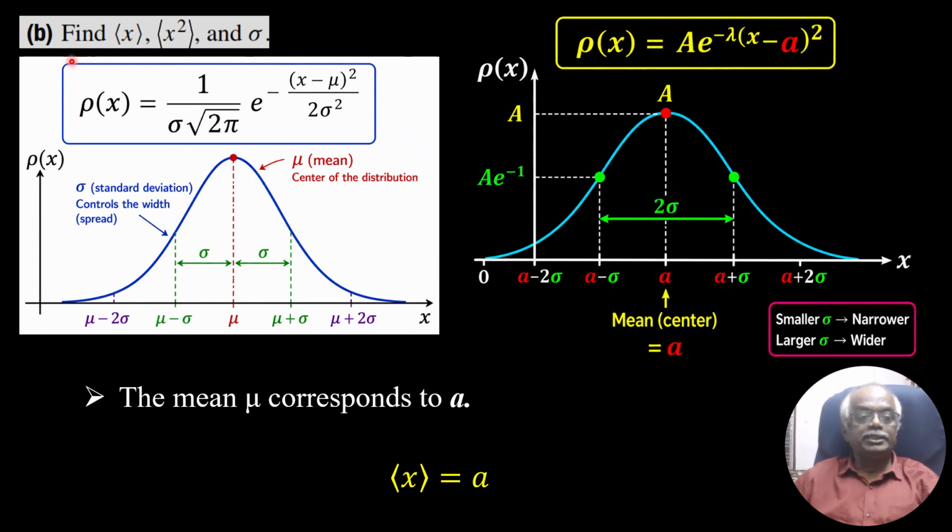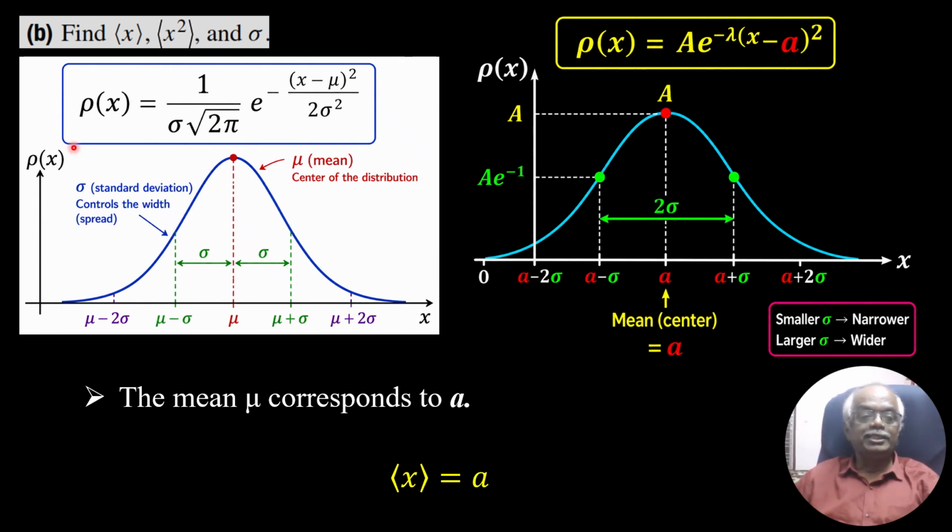Now part B is: find the expectation value of x, x squared, and sigma. We will spend some time on this Gaussian distribution, which will be useful for future problem solving.